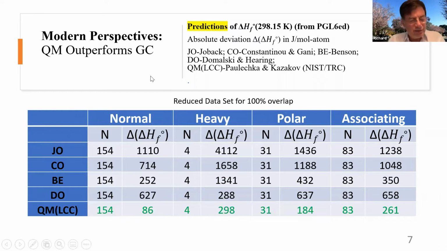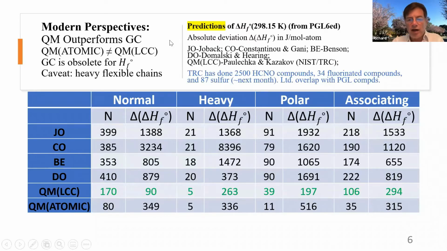But you could ask, since the databases that are available, different group contribution methods can't represent all the different molecules. The database that Polechka and Kazakov developed, they did just 2,500 compounds that were limited to H, C, N, and O. Recently, they've done 34 fluorinated compounds and 87 sulfur compounds.